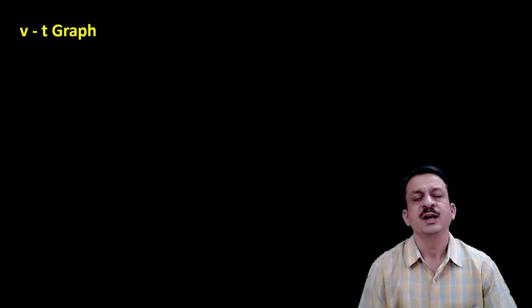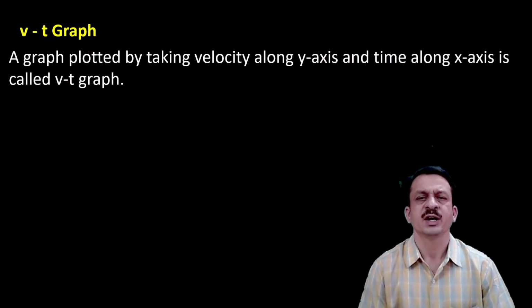In the previous case we took position along the y-axis; in this case we take velocity along the y-axis and time along the x-axis. A graph plotted by taking velocity along the y-axis and time along the x-axis is called a velocity-time graph or v-t graph.